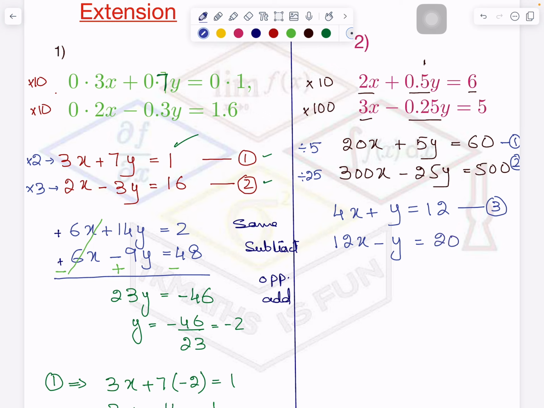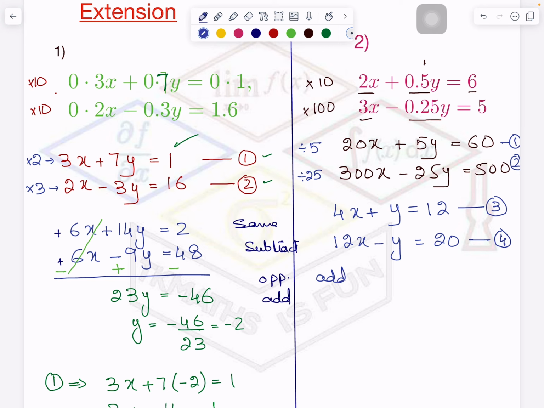Right. So now I have this equation and I have same coefficient of variable y. Can you see it is 1 and 1 here? So I don't need to do anything. Coefficient is already same and signs are opposite. So I will add the equations.